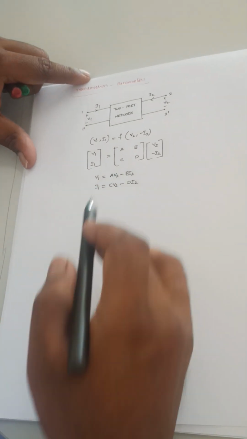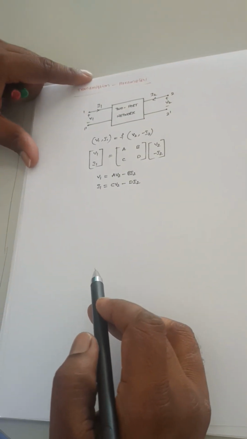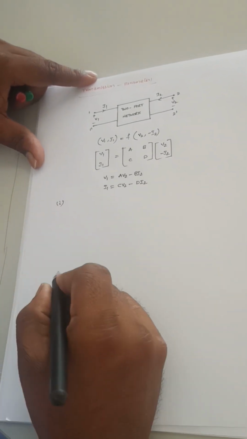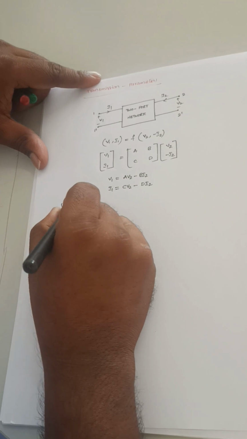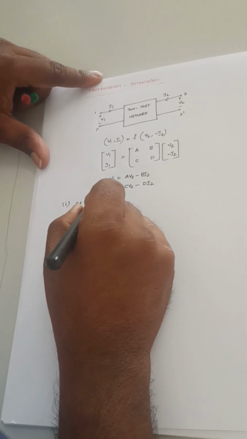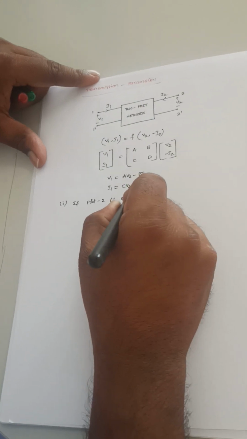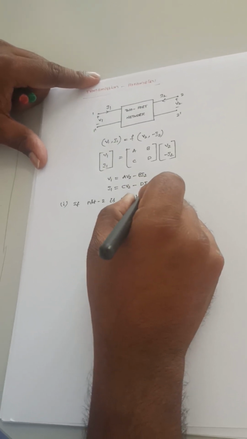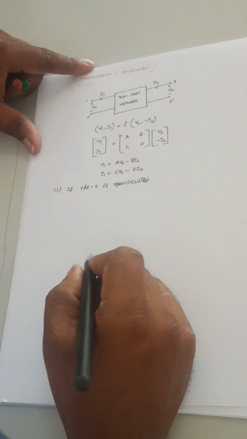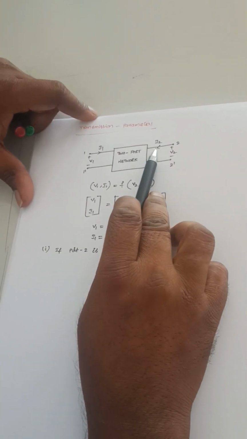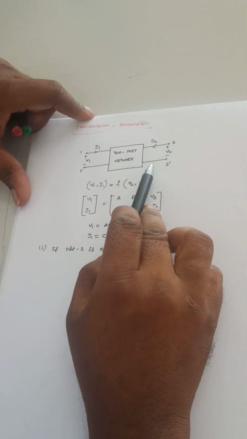How to find these ABCD parameters or transmission parameters? First thing, if port 2 is open circuited, then what happens? If port 2 is open circuited, no current will flow in port 2.